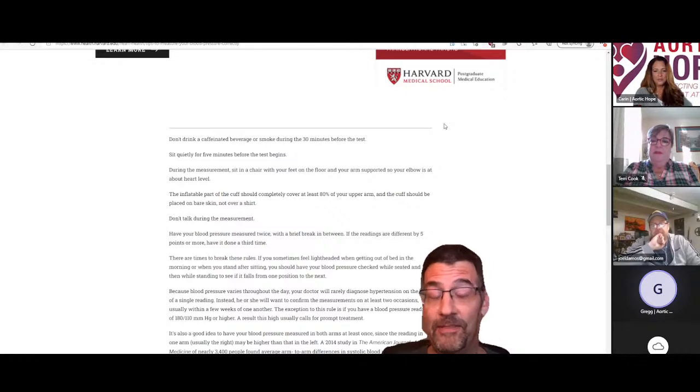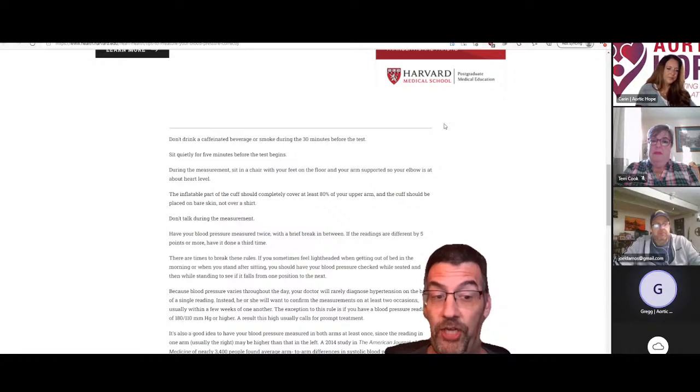Ironically, now I will admit I go to look at it on the flip side. I'm more apt to grab the cuff when I'm having an orthostatic situation so that I can understand that my BP is that low, and that's why I'm feeling shaky on my feet and a little bit dizzy.